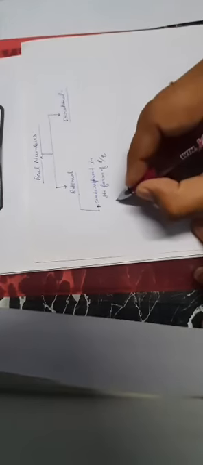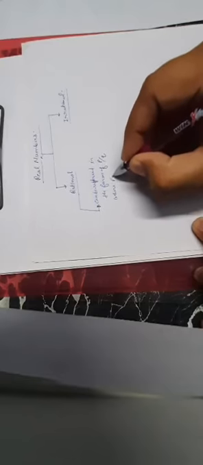A number that can be represented in the form of P upon Q, where P and Q are integers and Q is not equal to 0, is called a rational number.